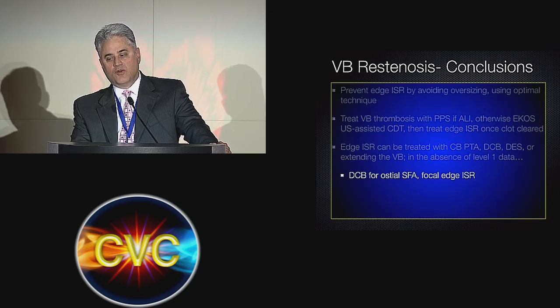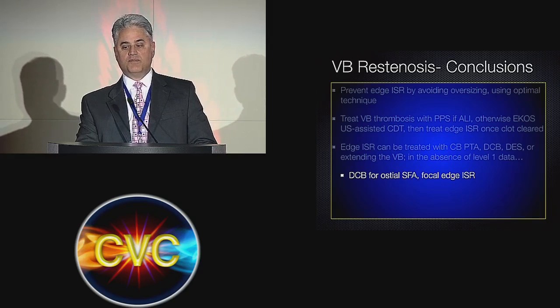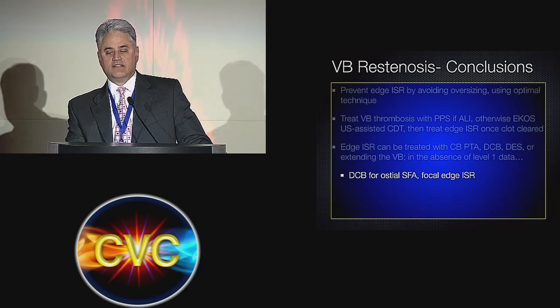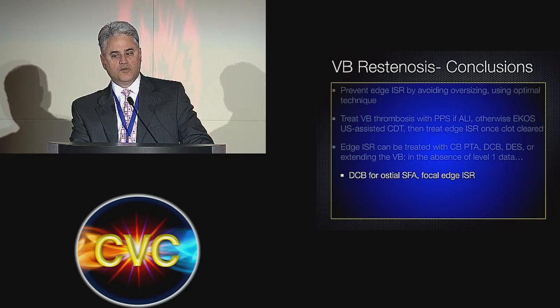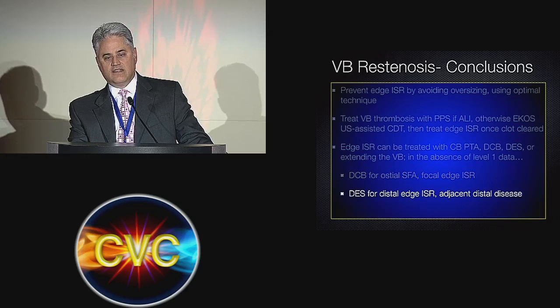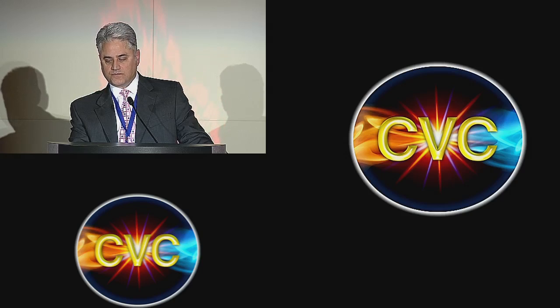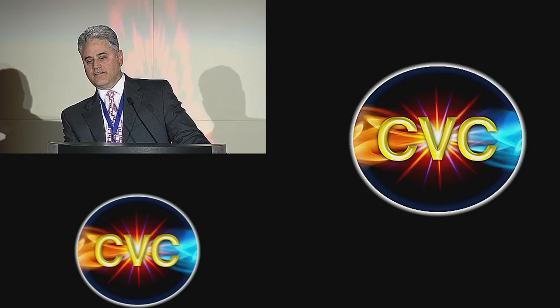In my own personal algorithm, in the absence of level 1 data to tell us what's the best treatment, in my day-to-day practice, I've basically just been using drug-coated balloon for ostial SFA and for focal edge disease. I think that extending with the Zilver PTX is a very good option, especially if there's dissection or adjacent disease that needs to be treated.